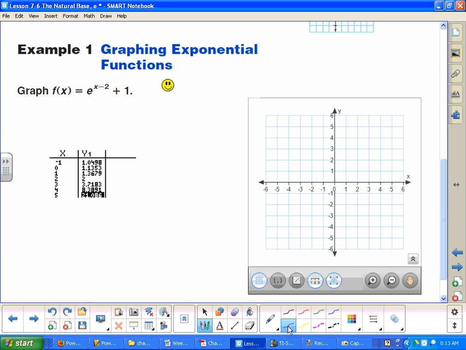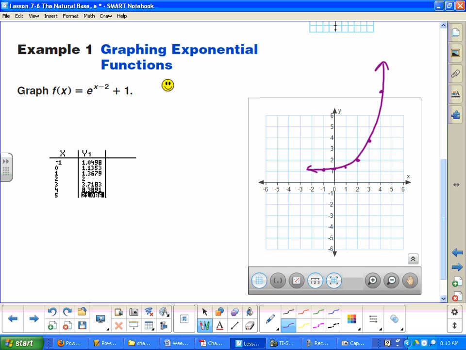So we got -1, 1.04, so really close to 1, at 0, at 1, at 2 it's 2, 3 it's 3.7, and 4 it's 8.3, so that's then way up here. So our graph's going to look like this.